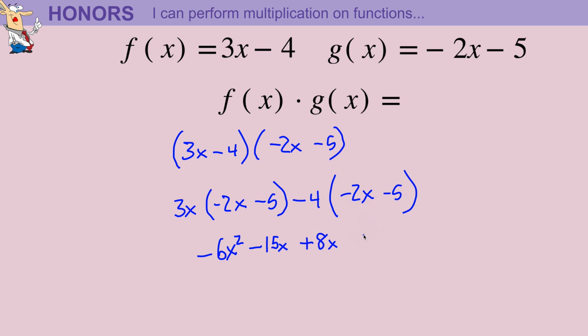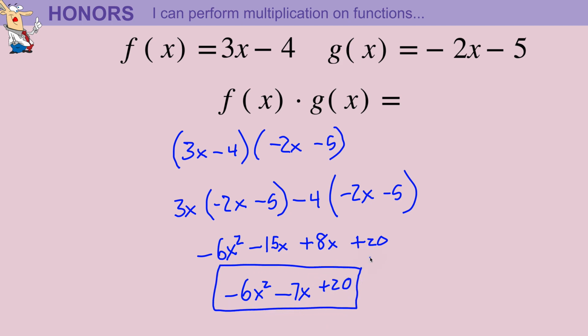And then we have negative 4 times negative 5, which would be positive 20. Combining like terms, there are no other terms similar to x squared, but these two combine. So we have negative 15 and a positive 8, which gives us a negative 7x, and then positive 20. And that should give you enough to get started on the assignment.